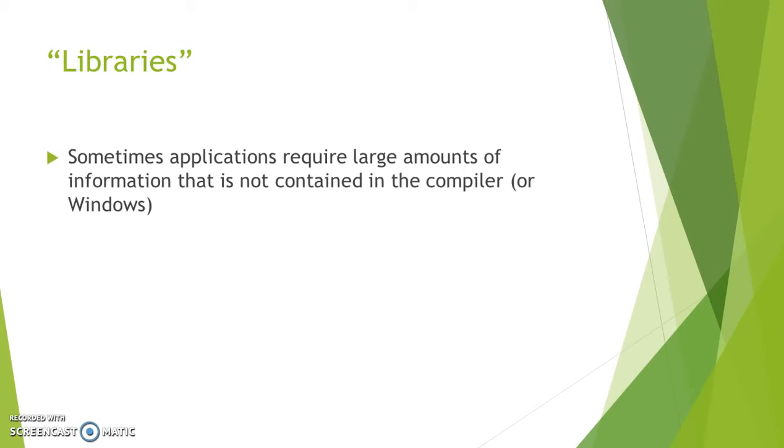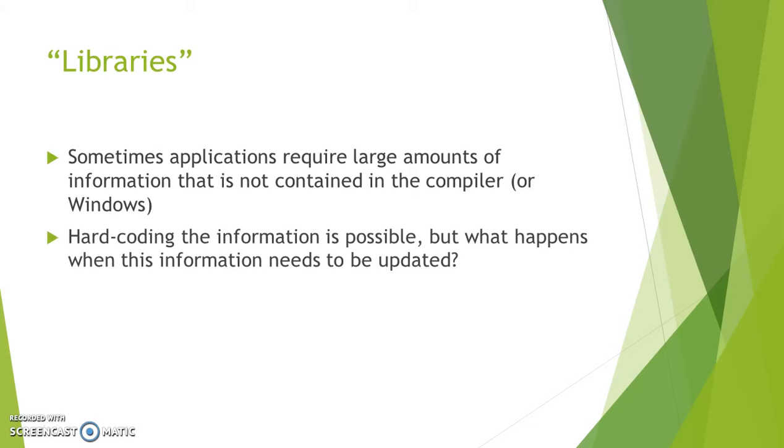Let's talk about libraries for a minute. Sometimes applications require large amounts of information, and this information may not be contained in the compiled software in Windows. And you can hard code this information into your software, for example, declaring a series of thousands of variables. And we can even talk about easier ways to achieve those things later.